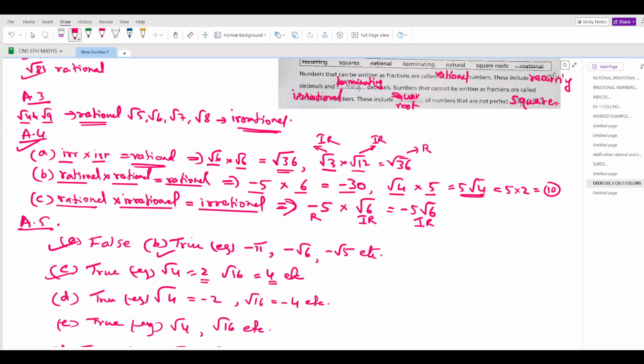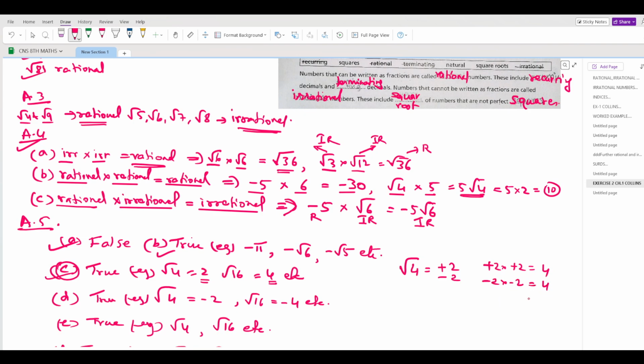I'll tell you why. This one, C. The square root of a natural number: now the square root of 4 will be plus 2 as well as minus 2. There will be both the answers. I'll tell you why. Plus 2 multiplied by plus 2 will give you 4, and minus 2 multiplied by minus 2 will also give you 4.